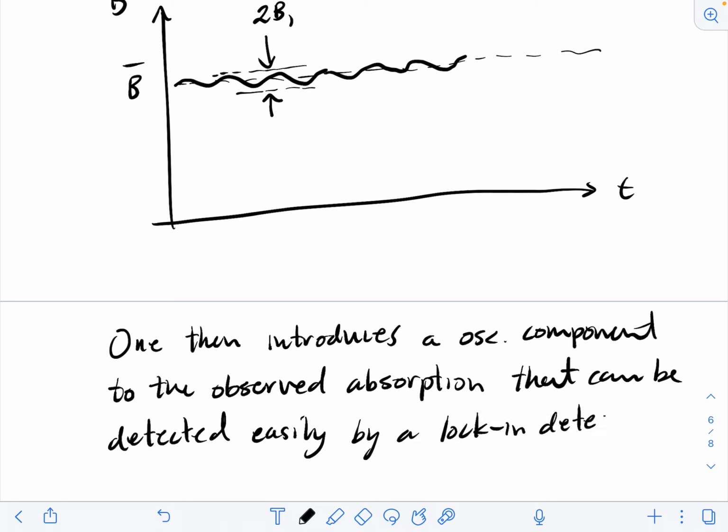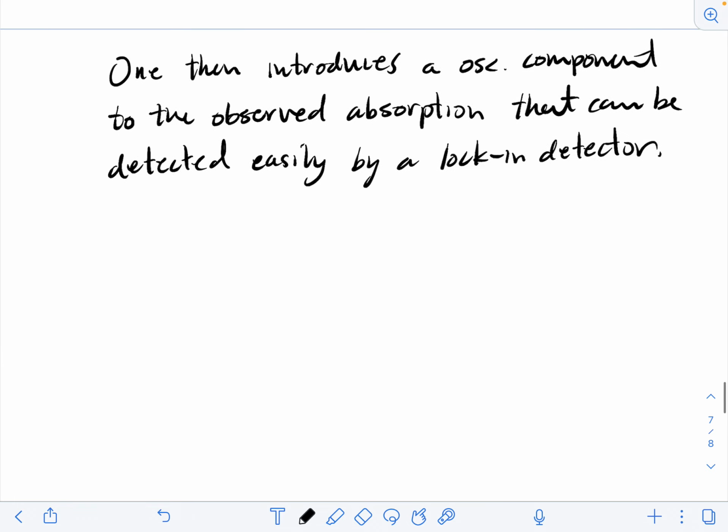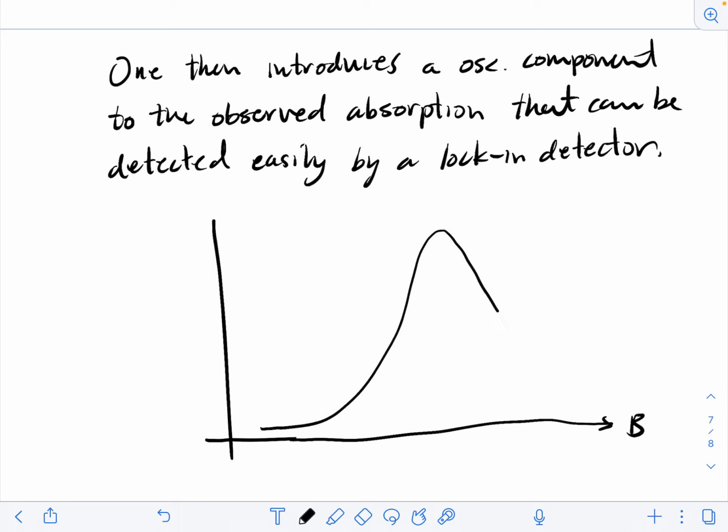Okay, so let's imagine how this might look. I'm going to make a plot here of the absorption as a function of magnetic field. And we know that this is some kind of absorption peak like this. So the first step is to pick a value for B average.